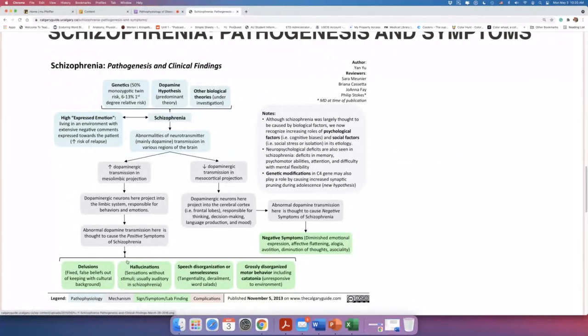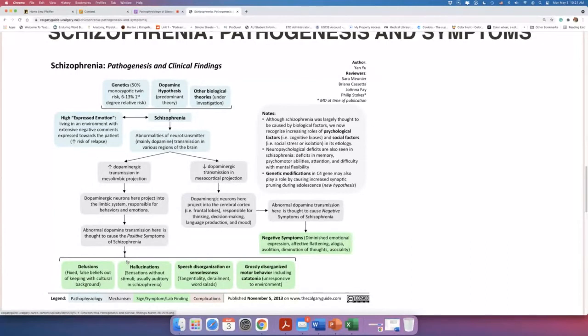For example, I would put genetics and dopamine derangement leading to increased dopamine in the limbic system, decreased dopamine in the cortex. The decreased dopamine leads to negative symptoms. The increased dopamine leads to positive symptoms. What are the positive symptoms? This, and this. And the negative ones, this, and this. And that's it. We don't need to make this so complex or explain that much when we are simply reproducing what we have in our mind to study.